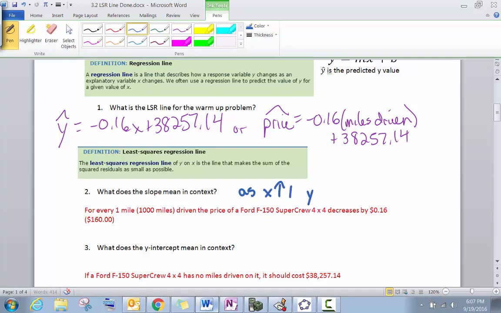And the y-intercept, when x equals 0, is our y value. So that's what we're dealing with, slope and y-intercept, in context. Tell me what they mean in the context of the problem.